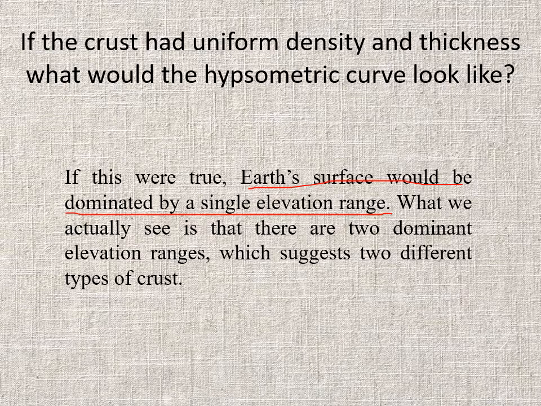So like other celestial bodies like Venus and Mars, Earth will also show this kind of single peak hypsometric curve, whereas in the present day, as there are two different types of crust, oceanic and continental, Earth shows this bimodal distribution of the hypsometric curve. This is the present day condition, whereas if it were composed of the same type of crust, that would be the result.